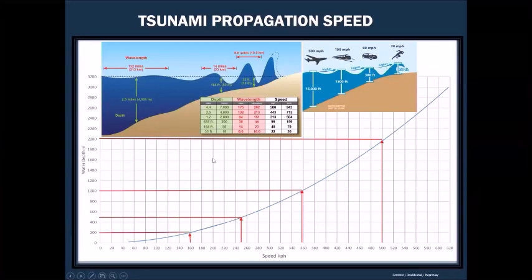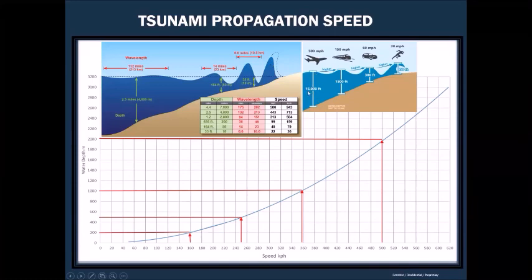Next question will be, what is the speed of the tsunami? It's very high speed. It depends on the water depth. The higher the water depth, the higher the speed, and when it's coming to the shallow, it will lose the speed and the wavelength, and it will be higher and higher. Here's an example.